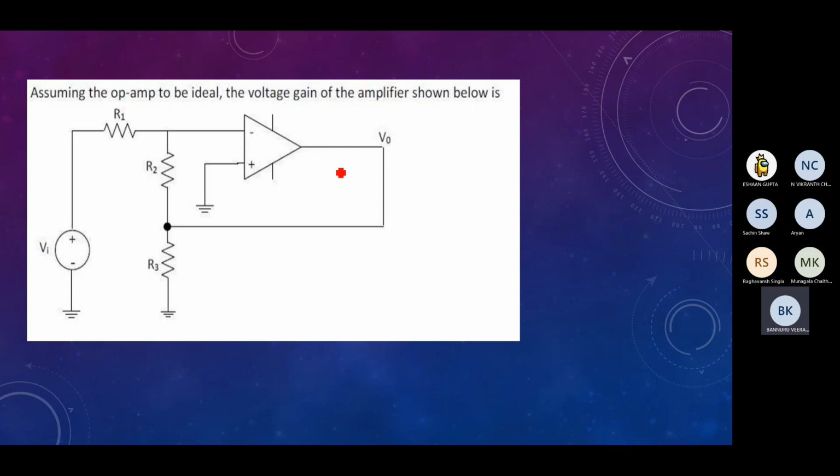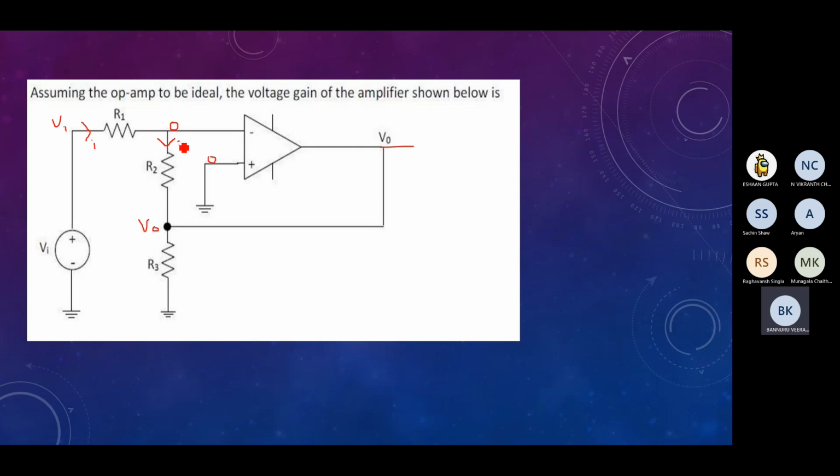This is V naught. And we know that if this is 0, it will also be 0 because of the virtual short circuit method. And this is V1. So the current I in this resistor is equal to the current I in this resistor.